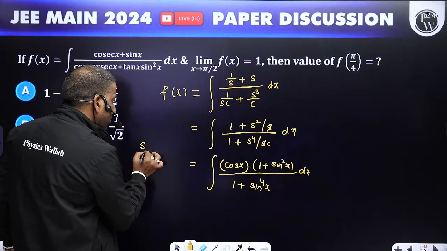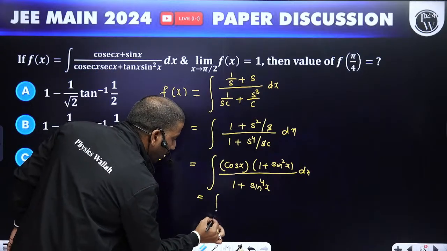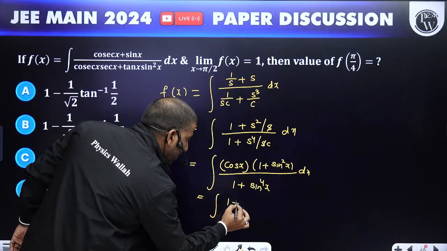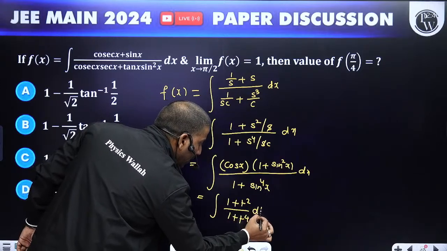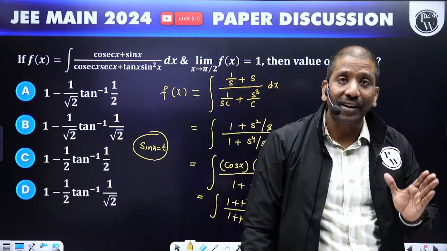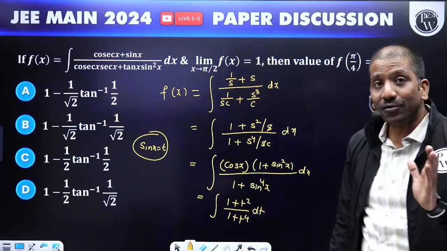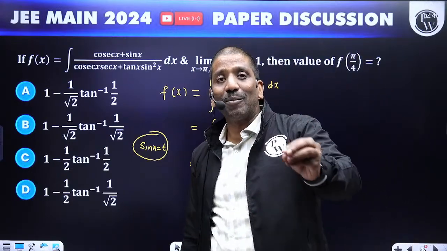Let us consider sin x is t. When sin x is t, this will become 1 plus t square by 1 plus t power 4 dt. Acha. So this is also another favorite model. What is that favorite model? A biquadratic expression present in the denominator.